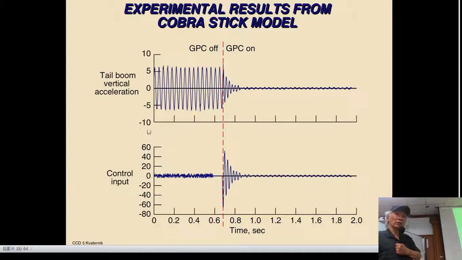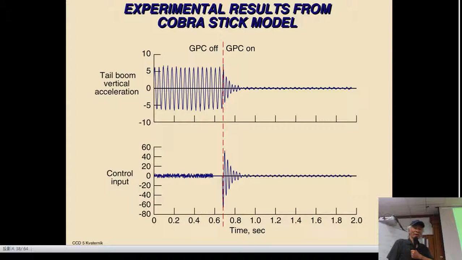So most of the responses come from the unknown disturbances. Just like I showed you in the 3 mass and spring model, I have some external disturbances. Those are periodic disturbances. So the first 0.6 second, I have input, I have output, just like I showed you in the simulations.